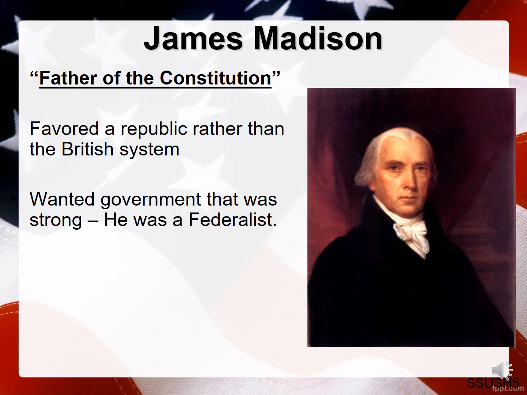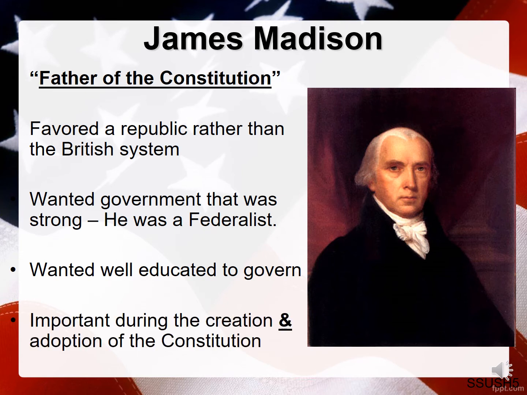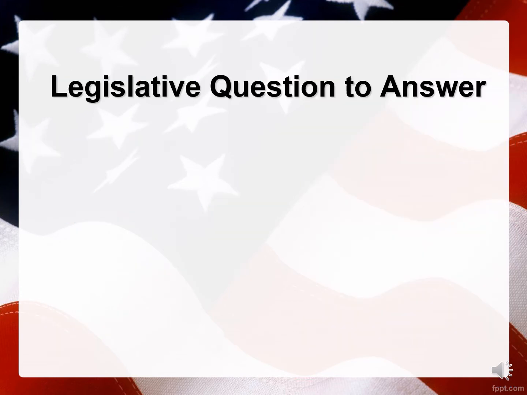He wanted a government that was strong, however, because he was a Federalist. He also wanted the well-educated to govern. I mean, he wanted the people who were making decisions for our country to be well-educated. That's a legitimate desire.